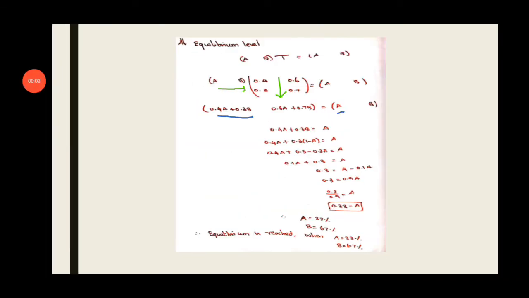So we have 360 and 640. 360 is for the A value, 640 is for the B value. So after 1 year, the number of people using Android phones is 360, and the number of people using iPhones is 640.